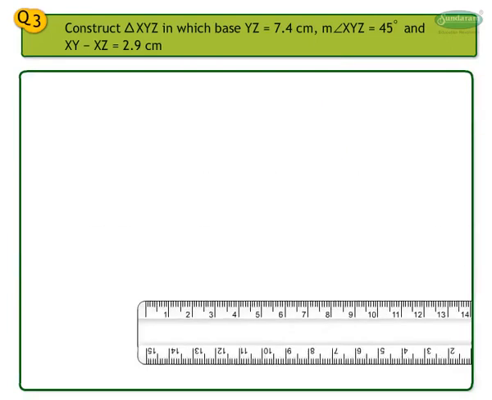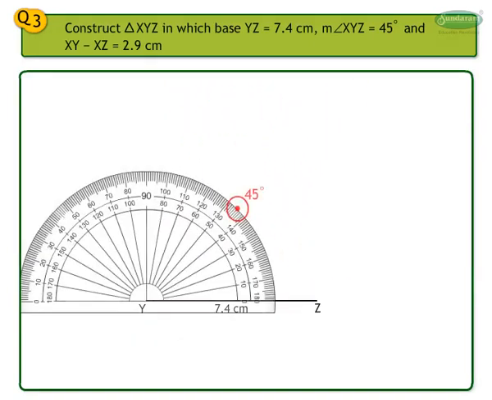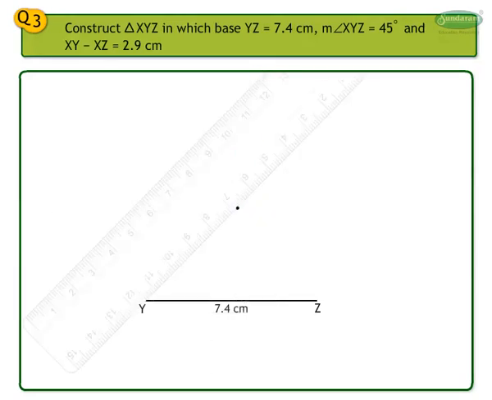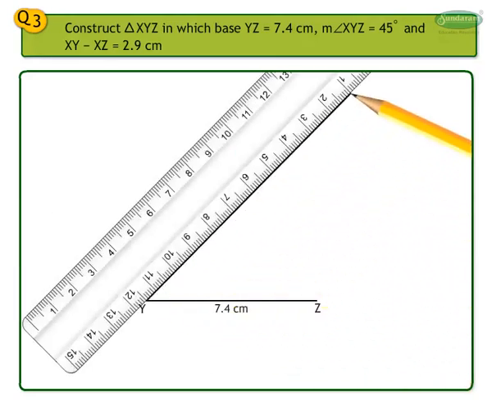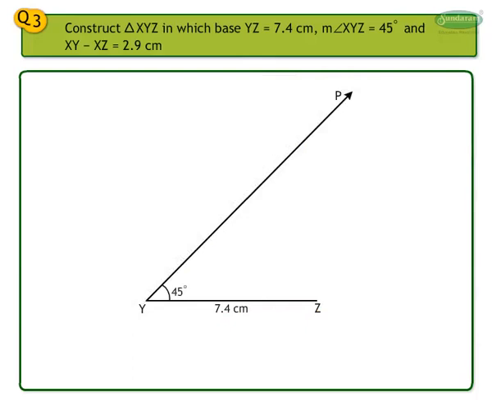First, draw segment YZ of length 7.4 centimeters. Draw a ray YP such that measure angle ZYP is equal to 45 degrees.